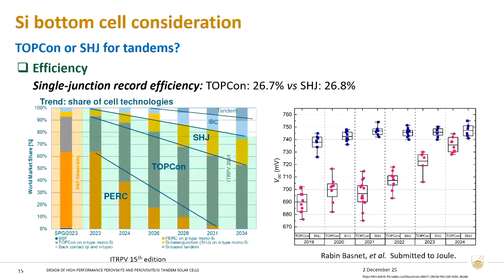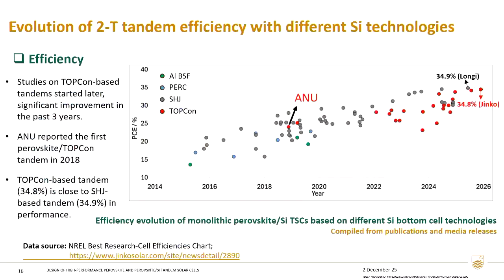So that's one factor to consider, but also importantly is efficiency. The TOPCon solar cell has achieved very fast progress in the past few years, making the efficiency in single junction very close to that of the silicon heterojunction. And this is not only true for the single junction, but also for the tandem.